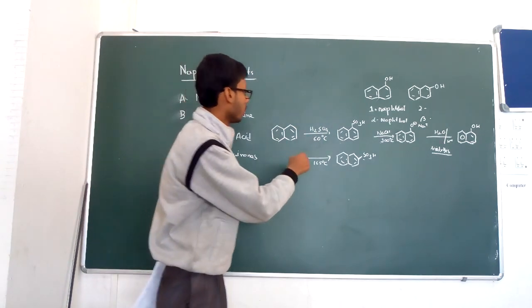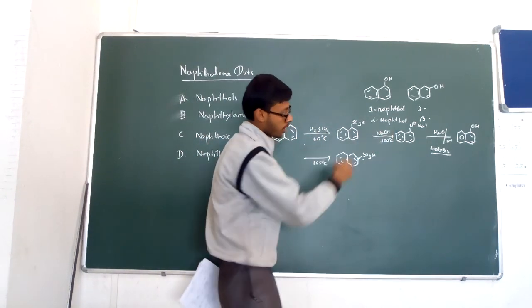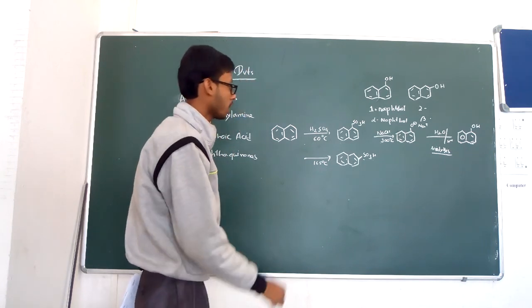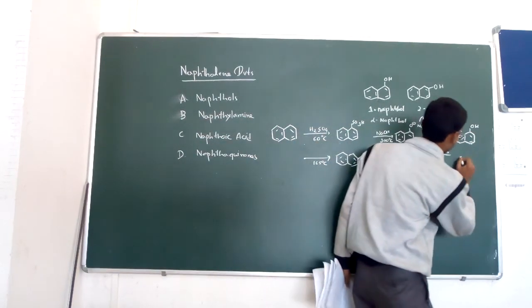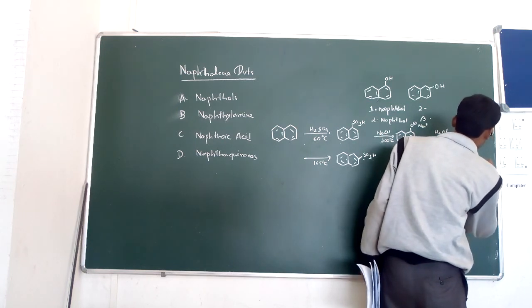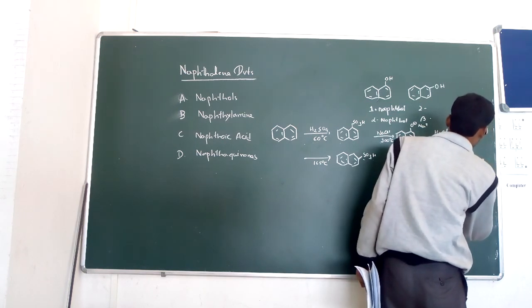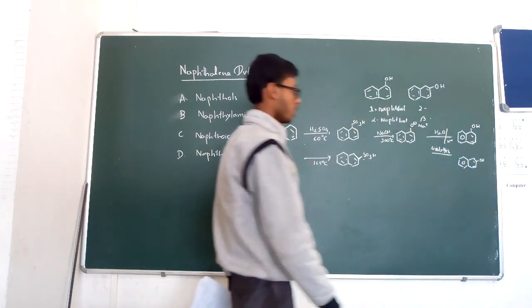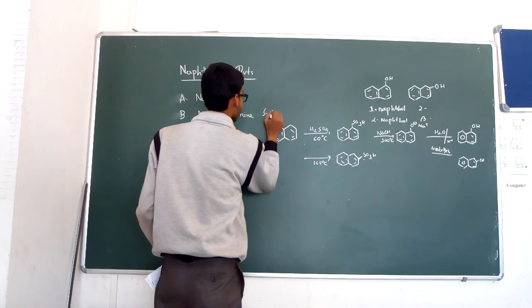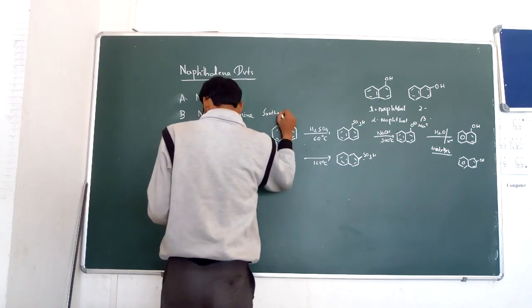If the reaction is the first one, it is 1-naphthol or alpha naphthol; if the reaction is the second one, it forms beta naphthol. The reaction is the same after treatment with concentrated sulfuric acid. That is the synthesis of alpha and beta naphthol.